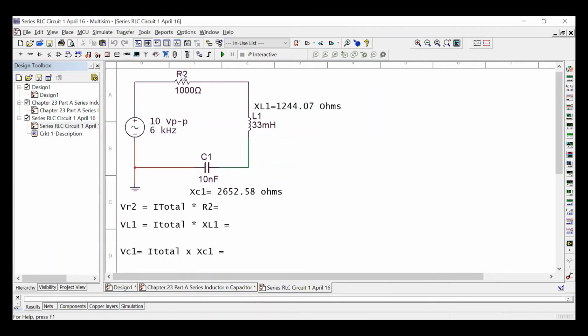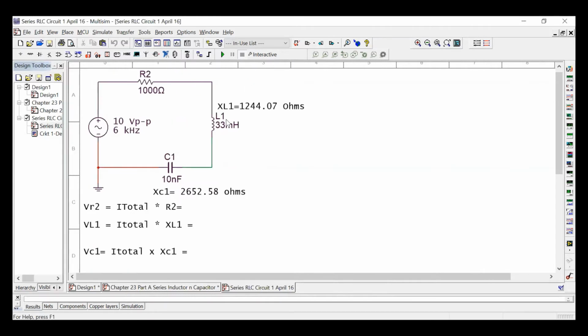Up. They do point up. I'm just moving so I can make bigger room here for myself. I'm going to make X of L green. And I noticed that the X of L1 is smaller than the X of C, so I'm going to try to keep it that way as best I can.